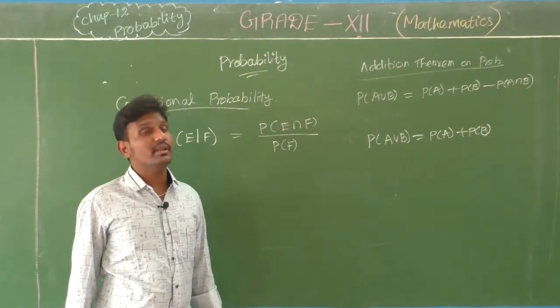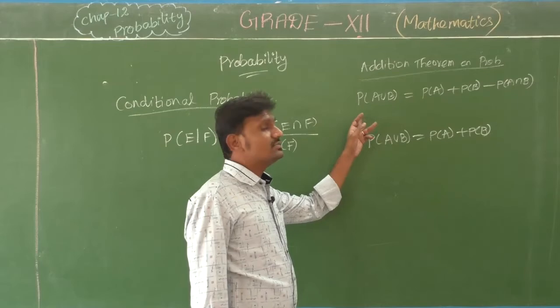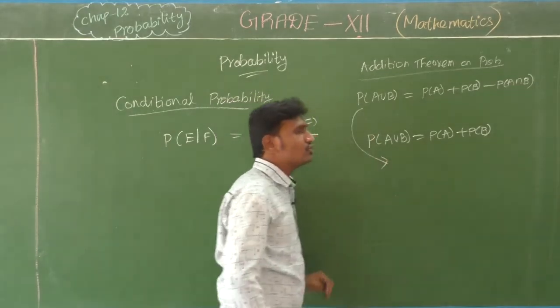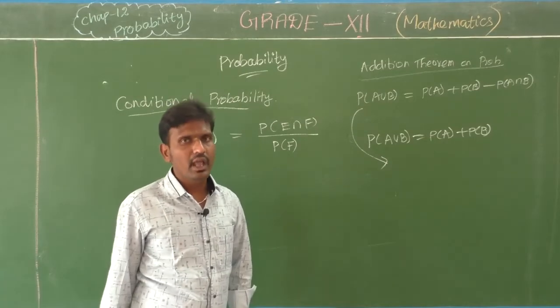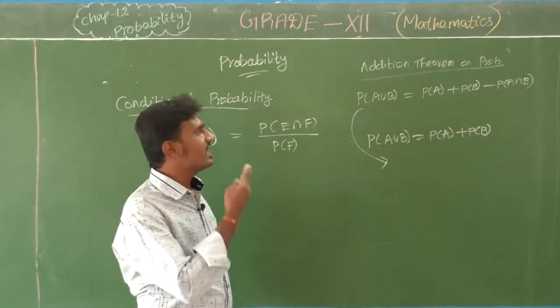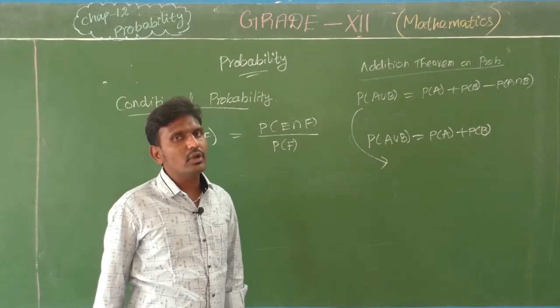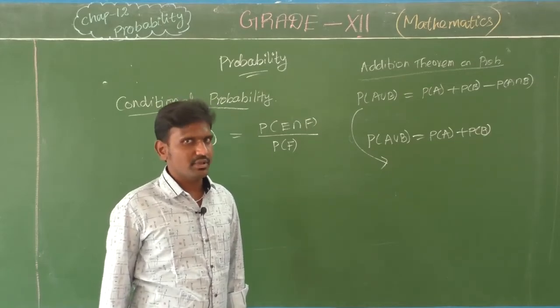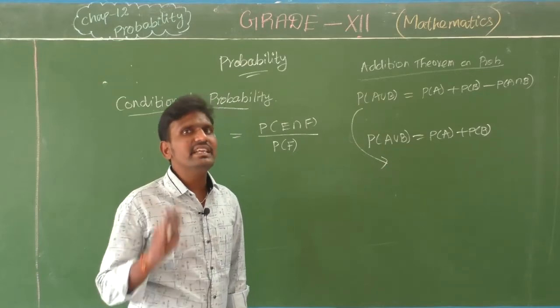One more very important formula: if A and B are not mutually exclusive, P of A union B equals P of A plus P of B minus P of A intersection B. Suppose three events are given.